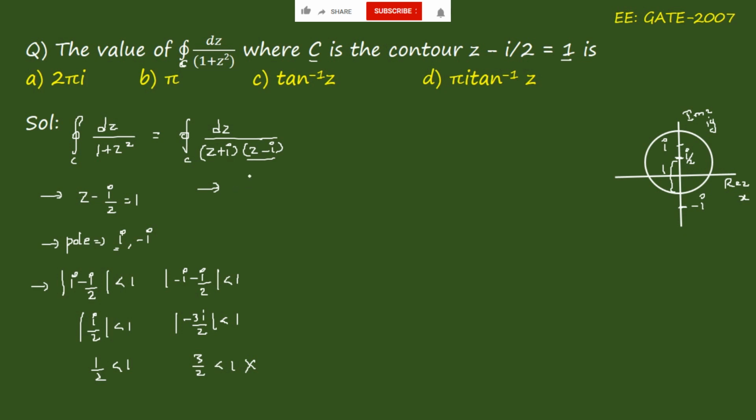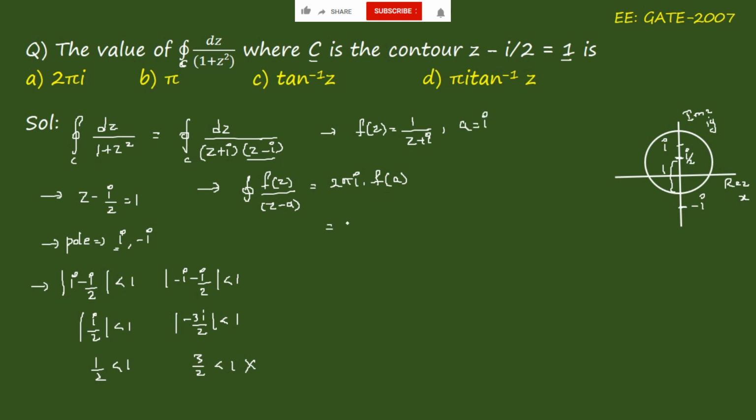As we know that the integral over a closed curve of f of z by (z minus a) is equal to 2 pi i into f of a, right? Now f of z is 1 by (z plus i), and a is equal to i, right?